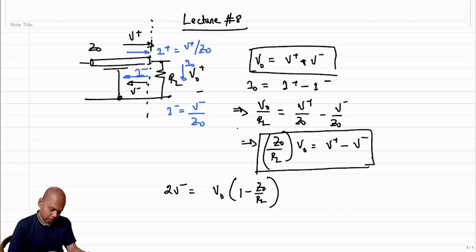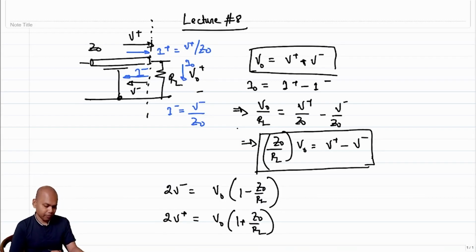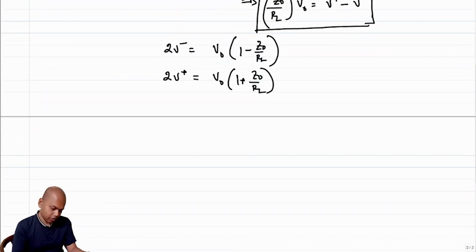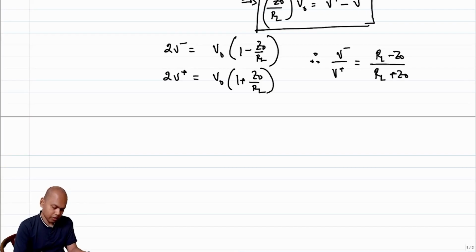If we add them, we get 2V plus equal to V naught times (1 plus Z naught over RL). So what is the relationship between V minus and V plus? V minus over V plus becomes (RL minus Z naught) over (RL plus Z naught).